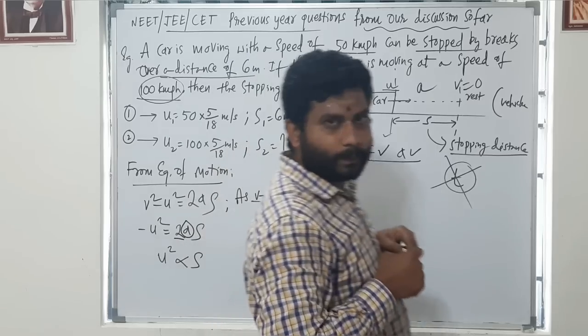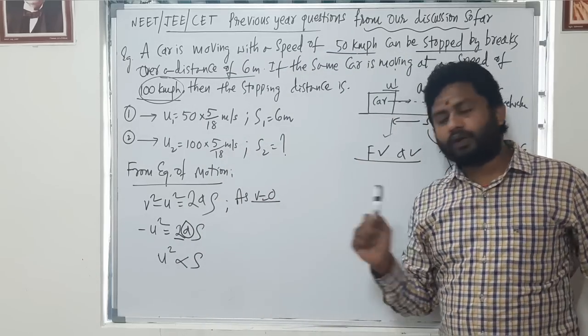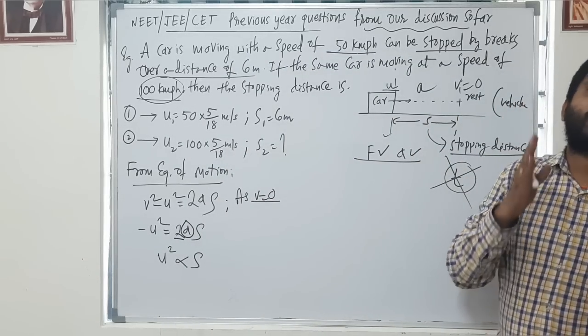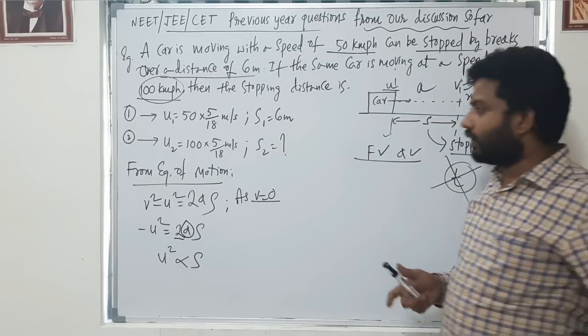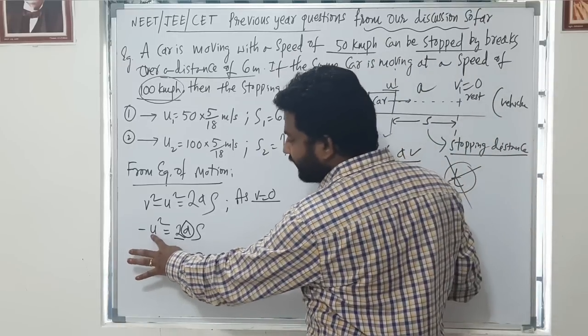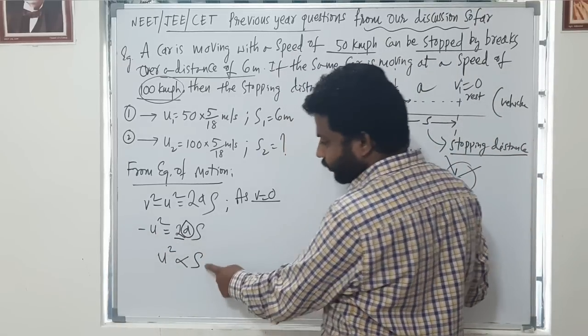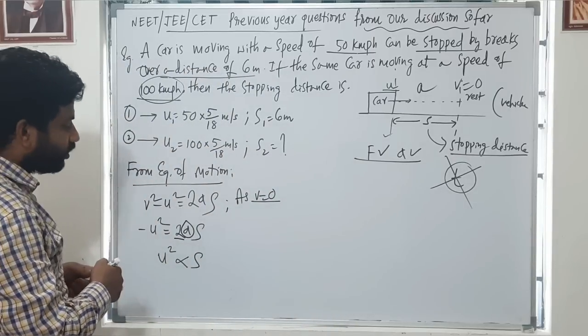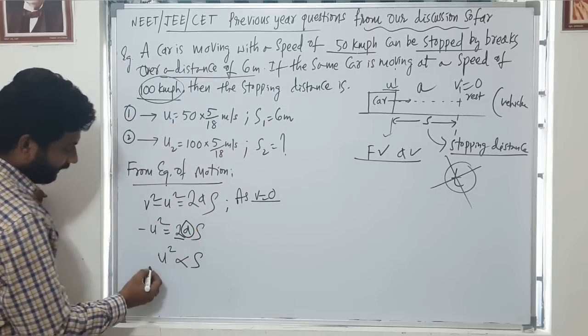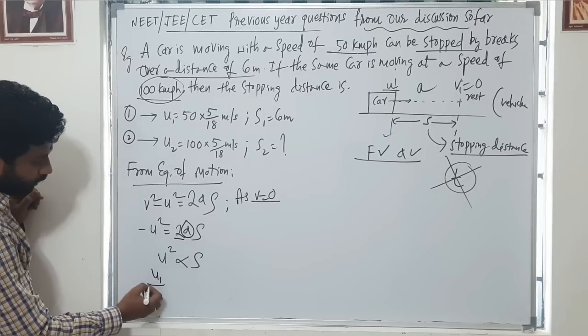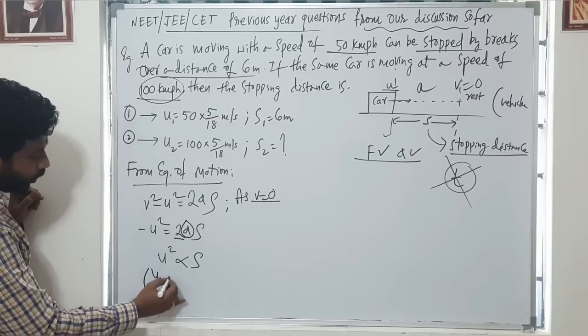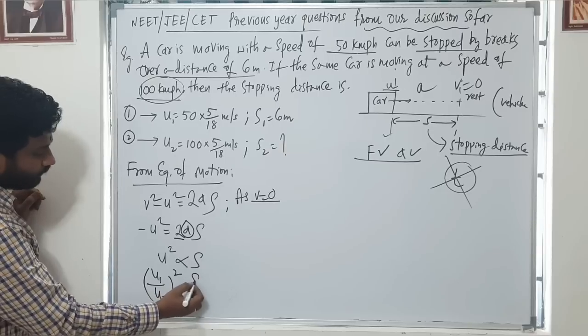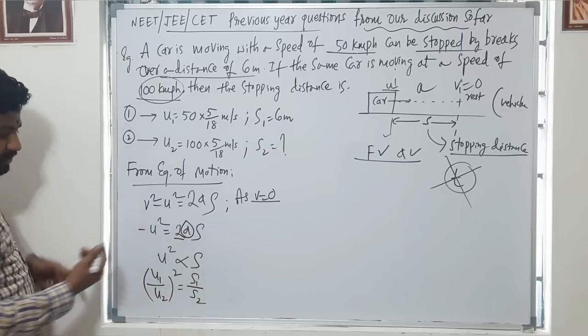Will you agree with this or not? According to the constant of proportionality, U square is directly proportional to S. So I can write this in terms of ratios also: U1 by U2 whole square is equal to S1 by S2.